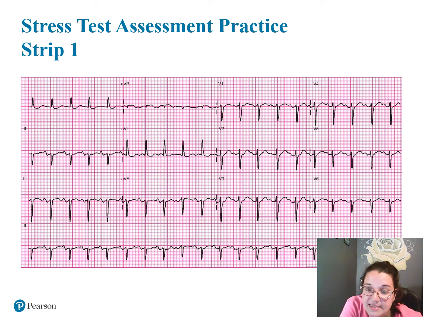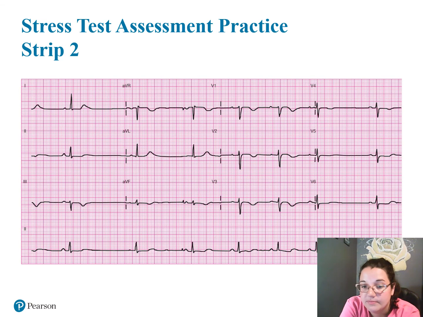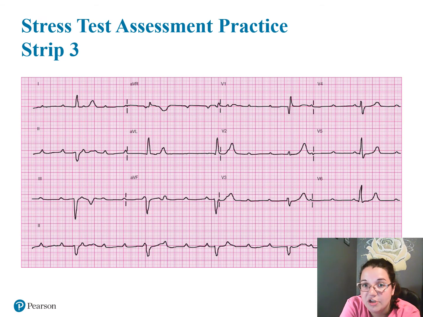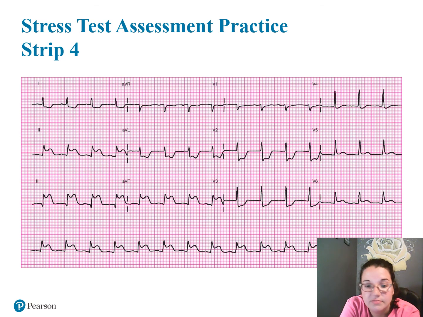And one of the signs of coronary artery disease is going to be the U waves, as well as ST elevation and depression. So you're just going to do a quick look at this strip, and you're going to see if you see any of those signs. And you're going to do that for all of these.